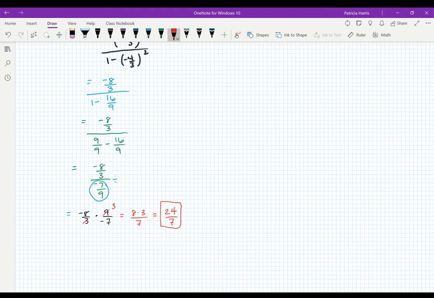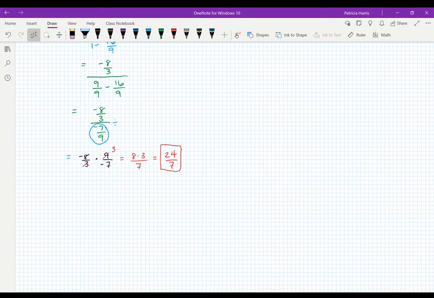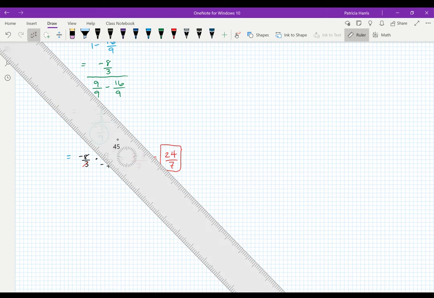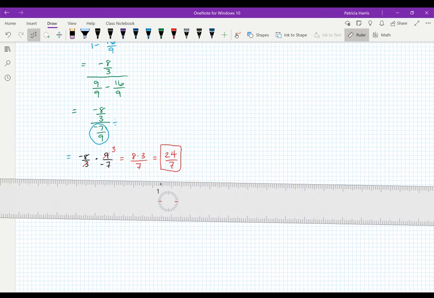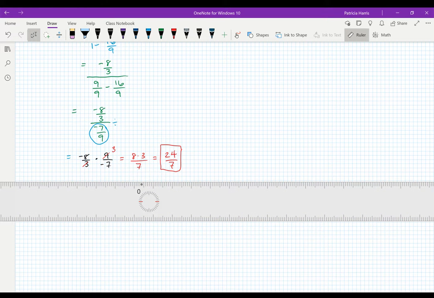Okay, the next one is very, very similar, except we are going to have to find something using that triangle information.